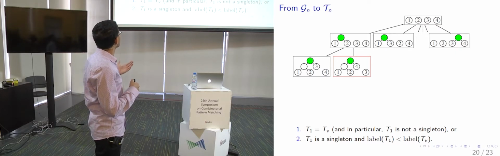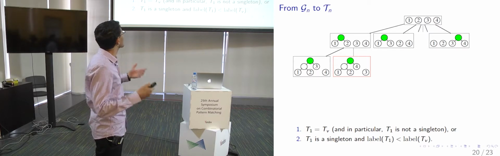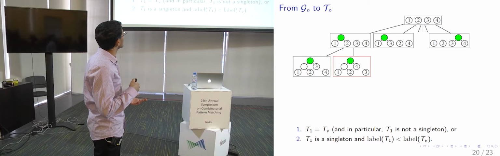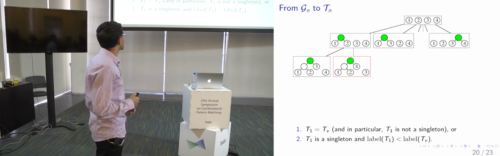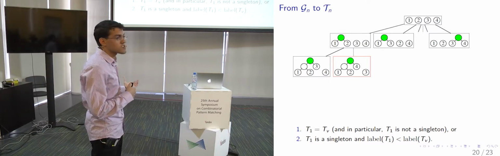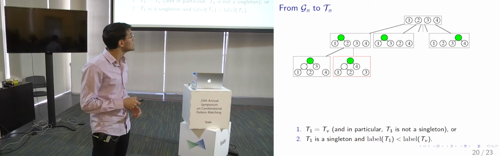If we call this node V, then TV equals 1. So using the first rule, we need to merge T1 with any other tree. We can merge with 3 and we can merge with 4. Using the second rule, we would need to merge a singleton tree with smaller label than the label of the tree, but there is no such singleton. Therefore, we can only use the first rule here.